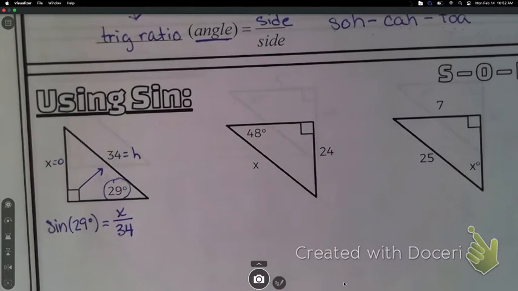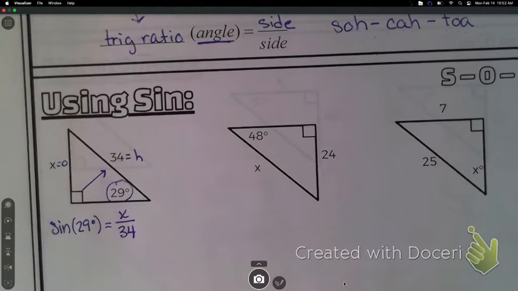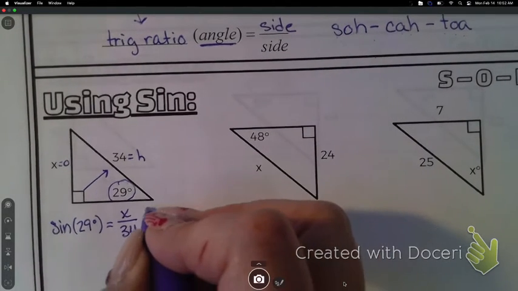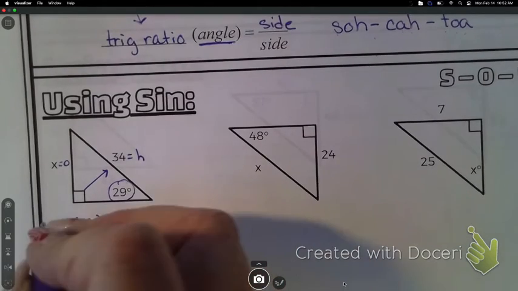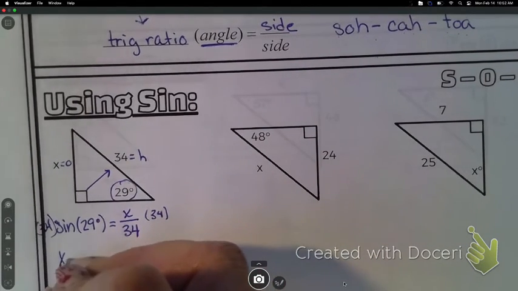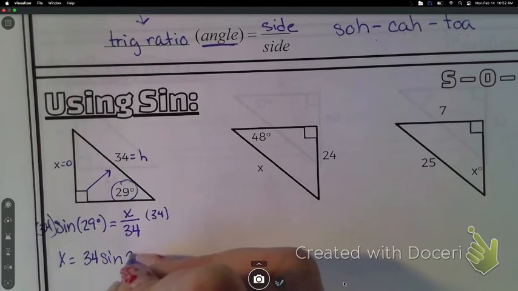So now I'm done with my geometry. I need to do my algebra. How do I get the 34 out of the denominator? I multiply both sides by 34. So X equals 34 sine of 29.